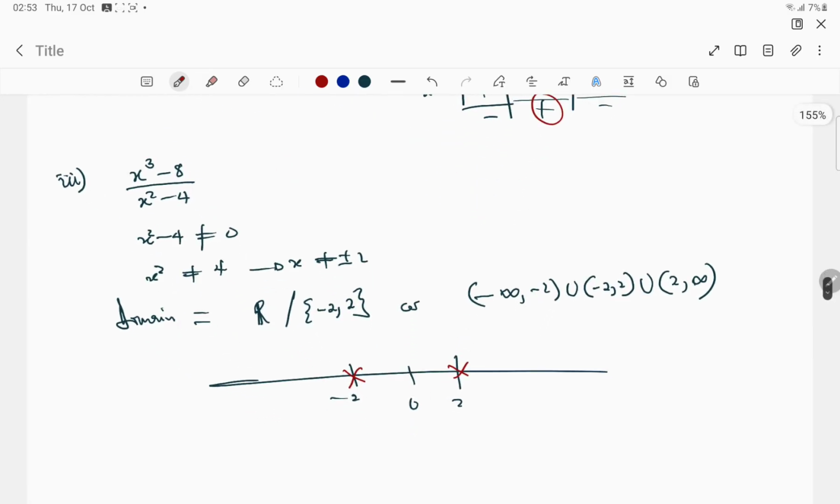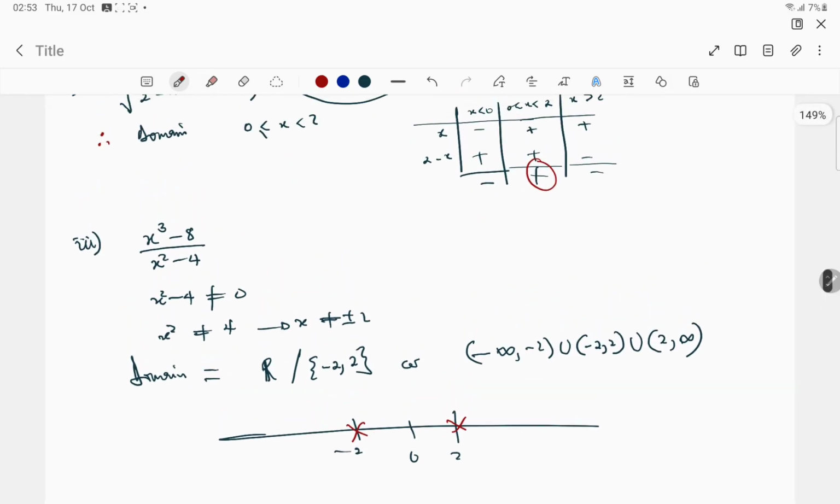Okay, so what I was saying is x squared minus 4 is not equal to 0. So x squared is not equal to 4, which implies that x is not equal to plus or minus 2. Therefore, the domain is R minus {2, minus 2}, or minus infinity up to minus 2 union minus 2 up to 2 union 2 up to infinity.